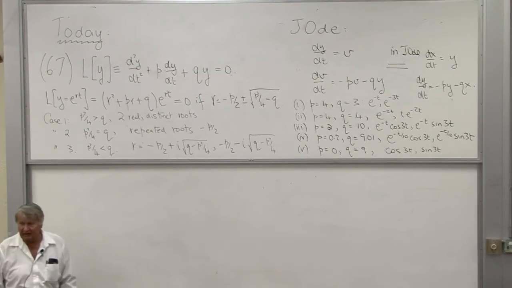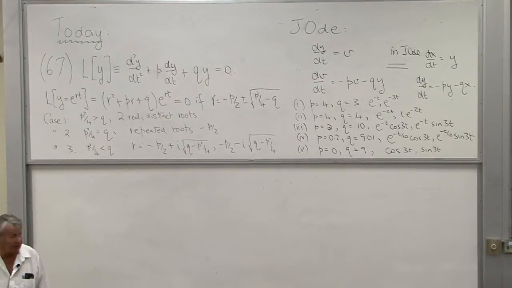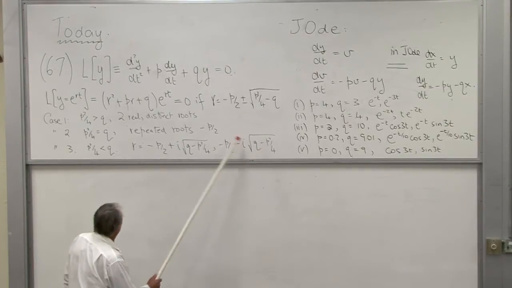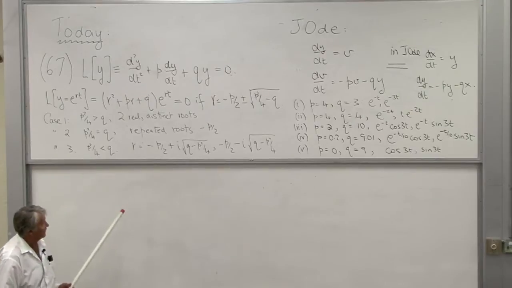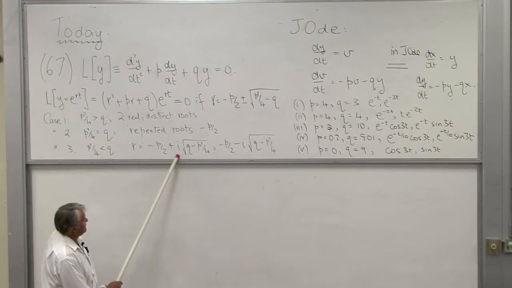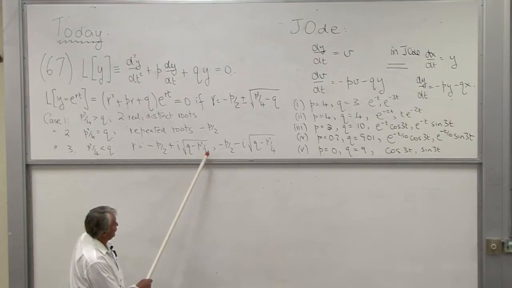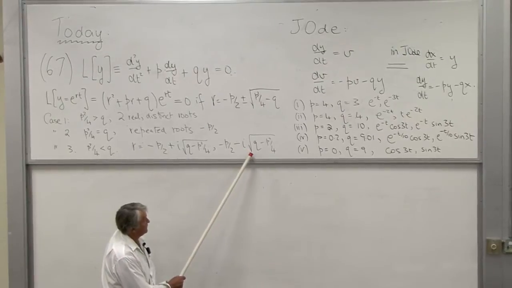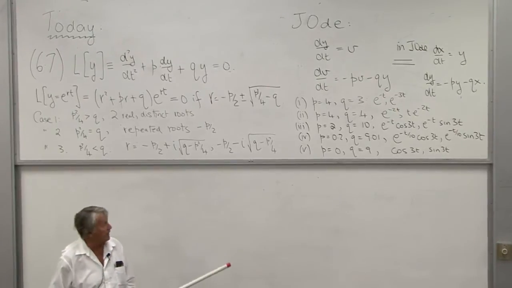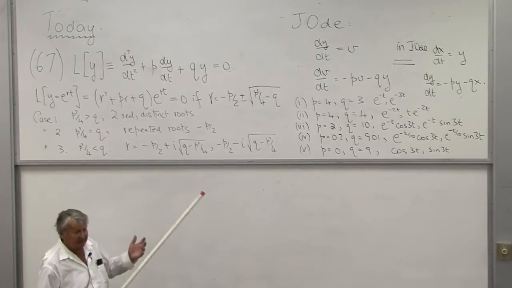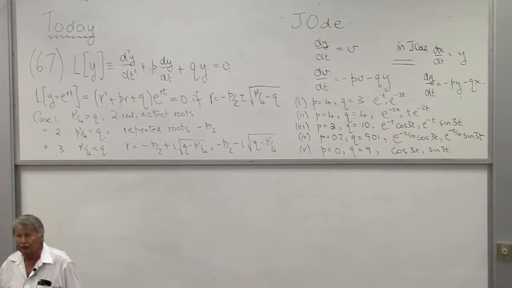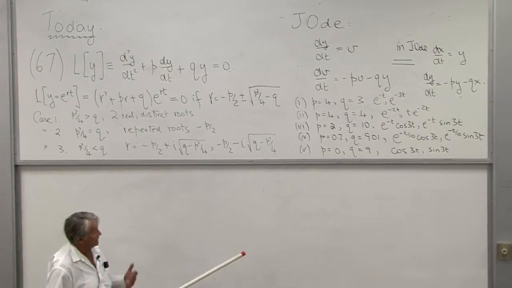Now, the more interesting cases for many of our applications come when q is greater than p squared over 4, or p squared over 4 is less than q, because then we get two complex conjugate roots: minus p over 2 plus i times the square root of q minus p squared over 4, and minus p over 2 minus i times the square root of q minus p squared over 4. In that case, in order to make real solutions out of e to the this rt and e to the this rt, we take, as I've shown you, two linear combinations to give us the cosine and the sine.